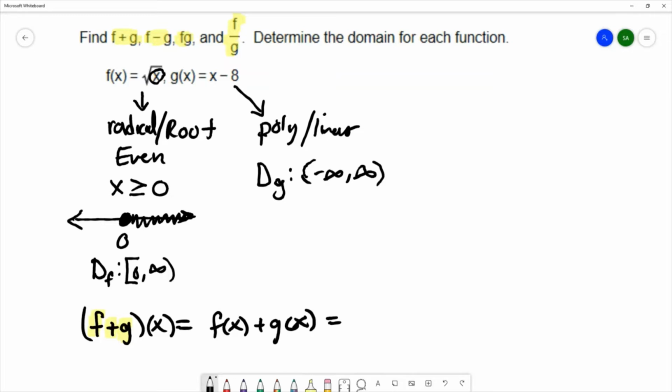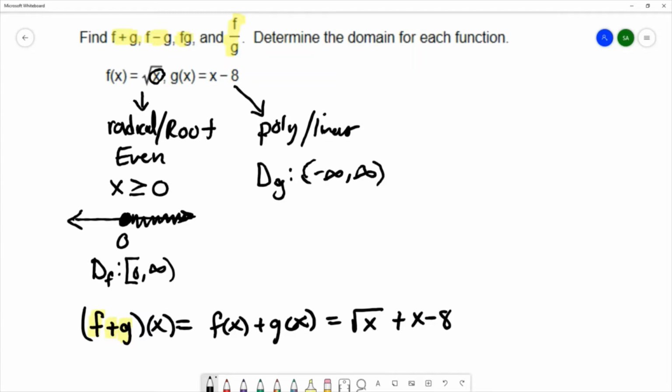And f of x is the square root of x, and g of x is x minus 8. So I've added those functions together to create that new function f plus g. There's not really any simplification I can do with this since none of these are like terms. And so I'll leave my function f plus g of x to be square root of x plus x minus 8.